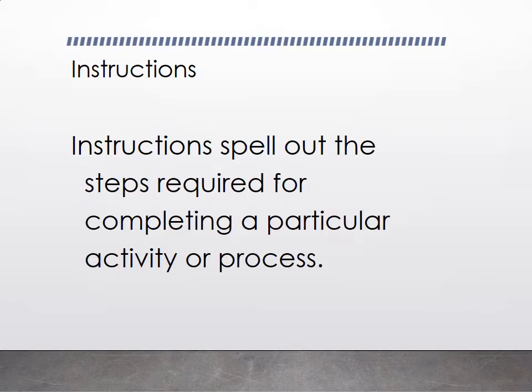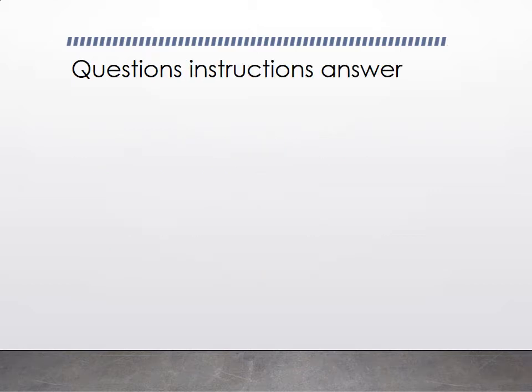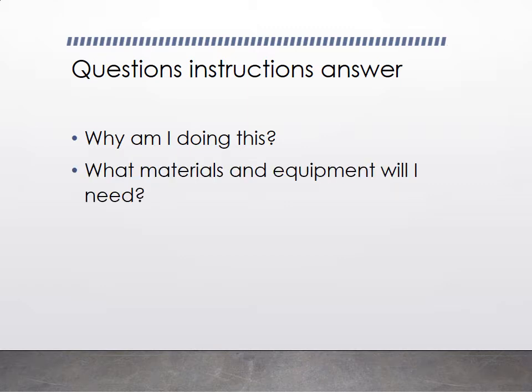We all know what instructions are. The key here is that instructions spell out the steps. But there's a lot of other information that instructions also answer. The reader needs to know why he or she would want to complete the process that they're being instructed in.